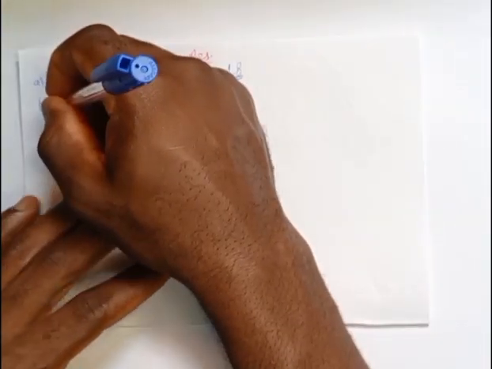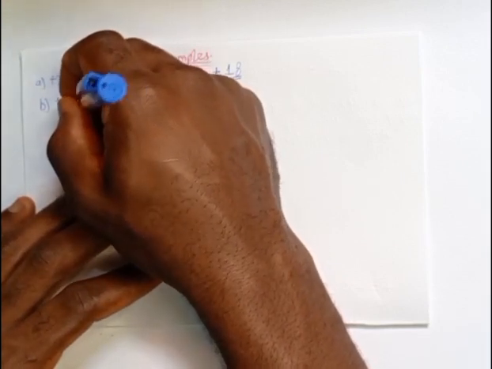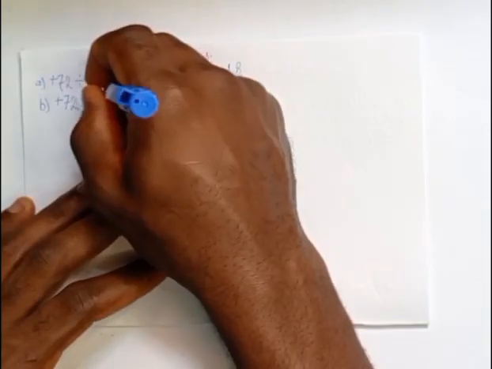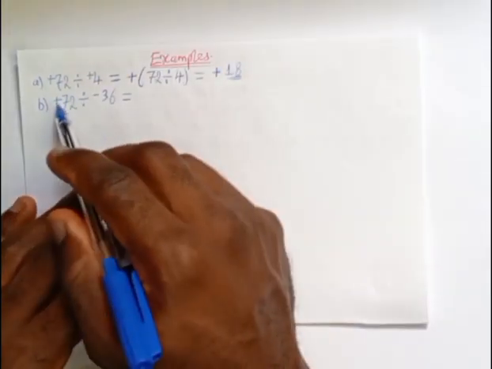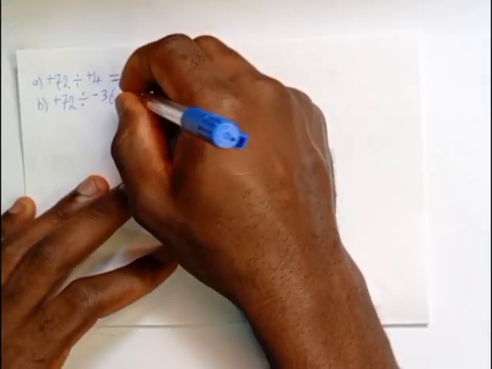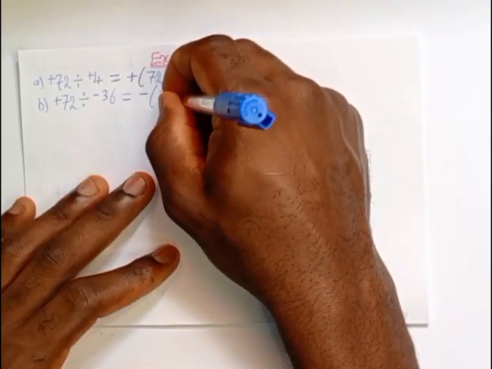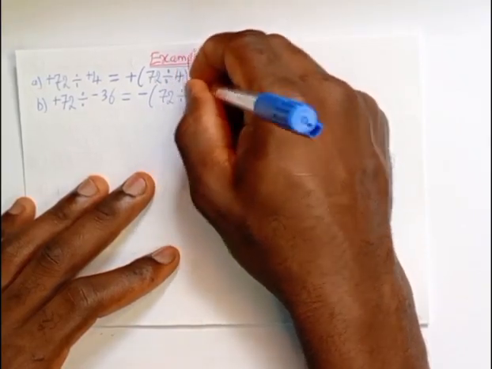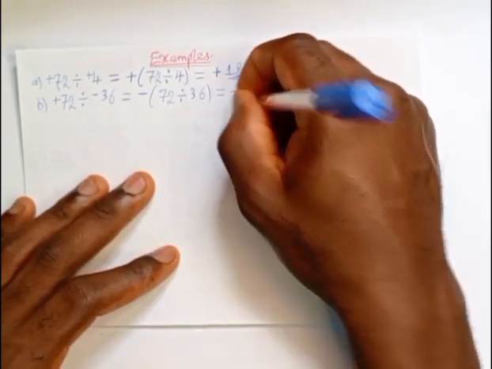We go to B, positive 72 divided by negative 36 will simply be equal to applying the sign rule, positive divided by negative gives us negative. We divide the absolute values, 72 divided by 36. This will simply be equal to negative 2.